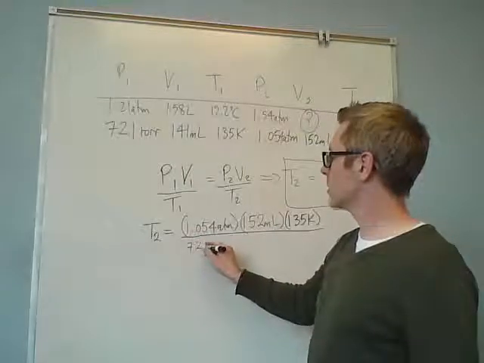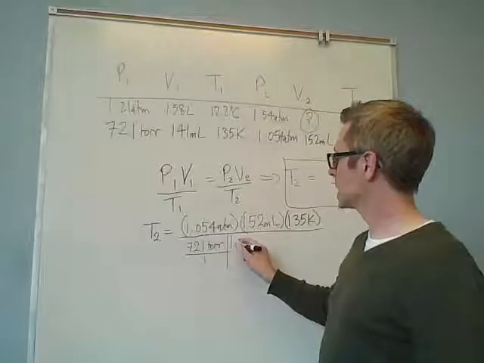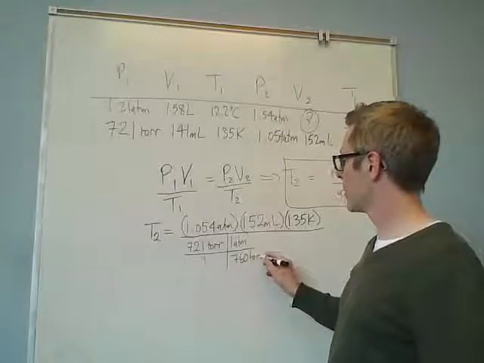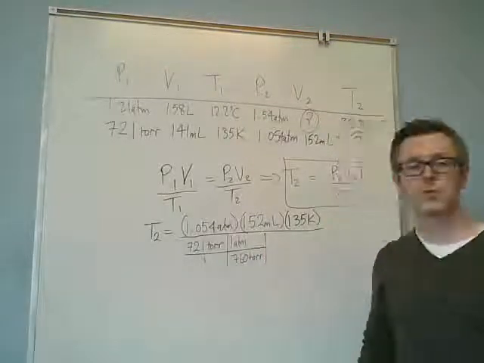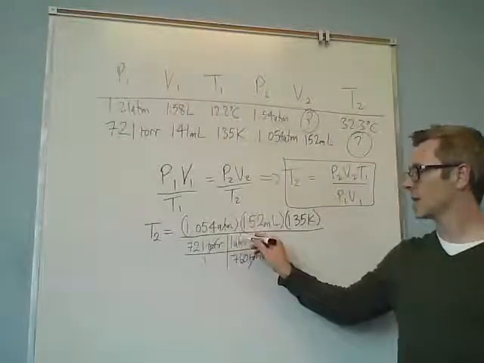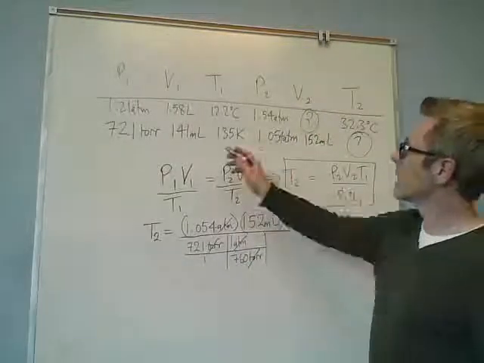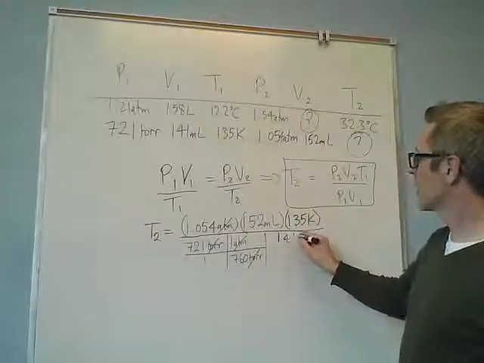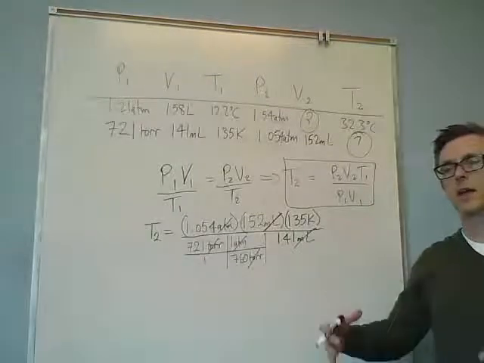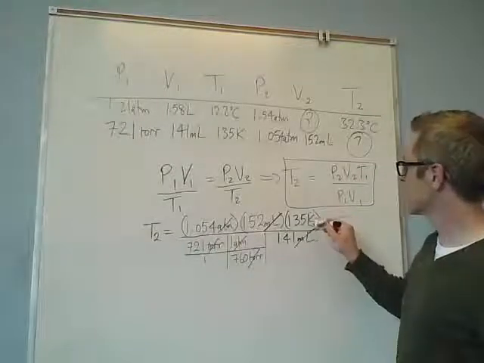So 721 torr, and I use my conversion. An atmosphere is 760 torr. So I use my little bit of dimensional analysis here. Convert to atmosphere, which then will cancel here. V1 is mil. Again, so long as your units make sense, you don't have to put it in any specific unit other than temperature, which must be in Kelvin. So I'm going to get temperature in units of Kelvin.